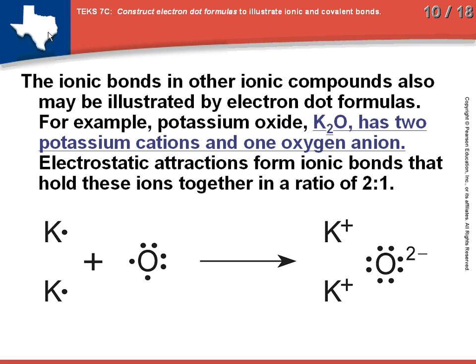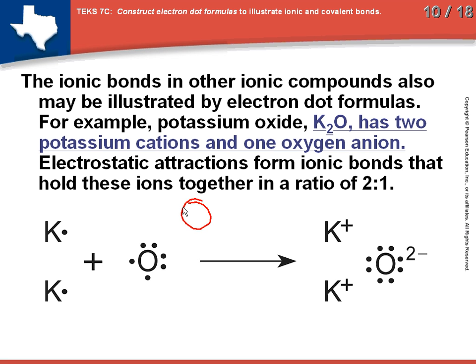Even though an ionic bond is made out of ions, the total charge of the ionic compound has to be 0. So elements bond together in specific ratios so that the total number of electrons given away by the metals is equal to the total number of electrons gained by the nonmetals.